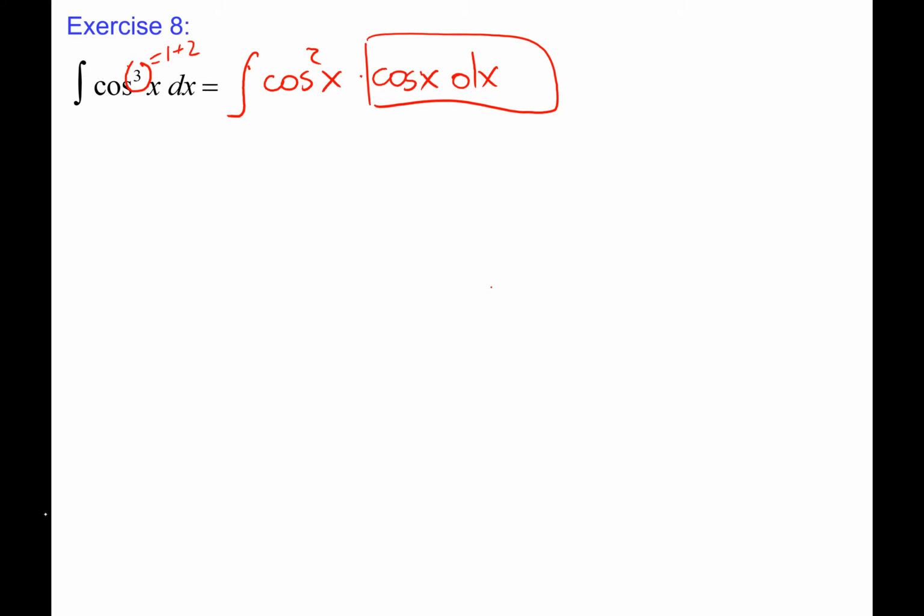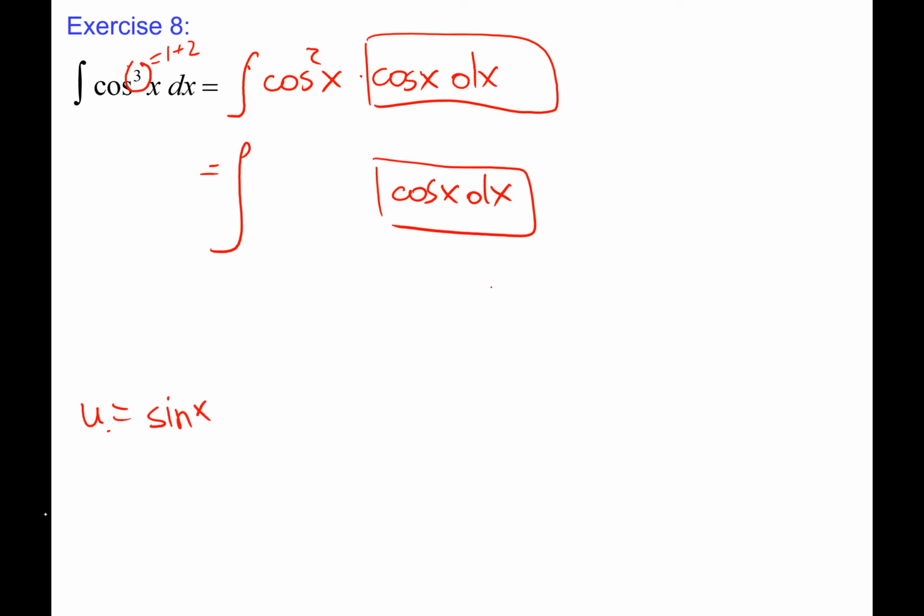But one more step: if this is my du, and I let u be sine of x, the rest of the integrand, except the box, we have to rewrite in terms of the opposite function to the box. And yes, thank you, Eric, again. I will put 1 minus sine squared of x.